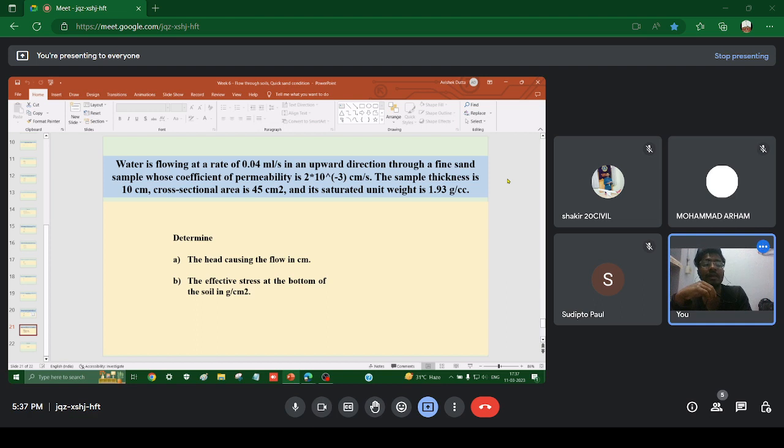The sample thickness is 10 centimeter, cross sectional area is 45 centimeter square, and saturated unit weight is 1.93 gram per cc. Determine the head causing the flow in centimeters and the effective stress at the bottom of the soil in gram per centimeter square.